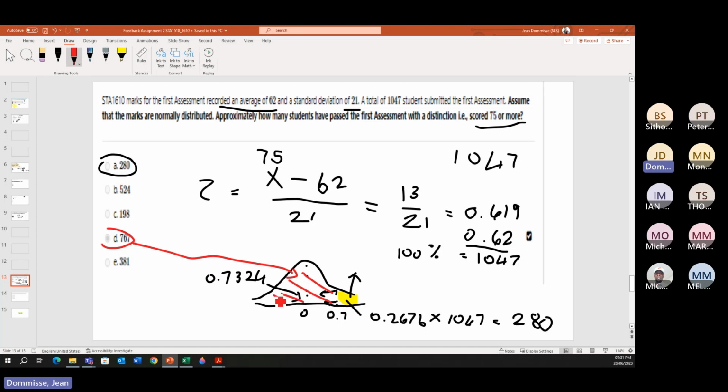So that's why you got some marks, because you were doing it right. You should have just then said 1047 minus that, and 1047 minus 767 would have given you the 280. That's why you got half of the points or more, I think.